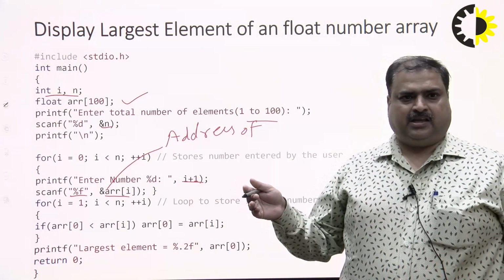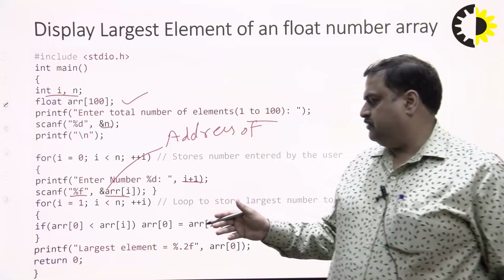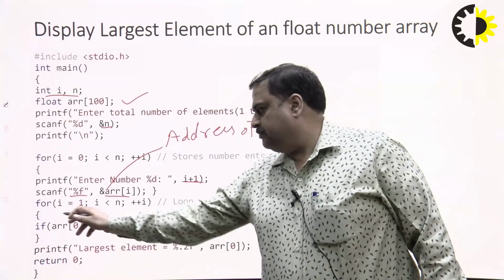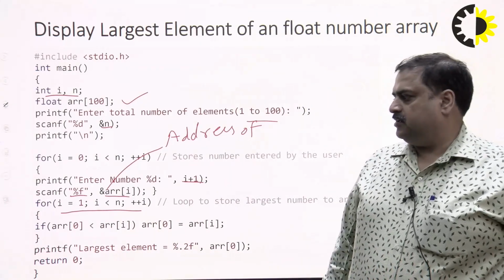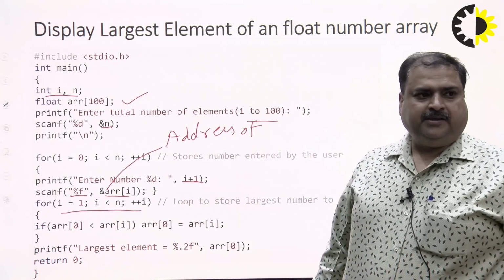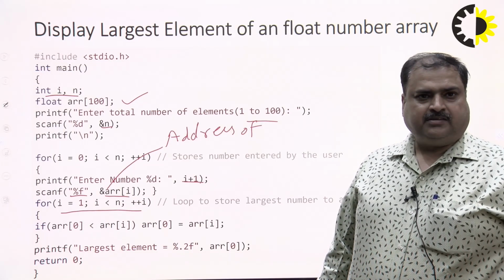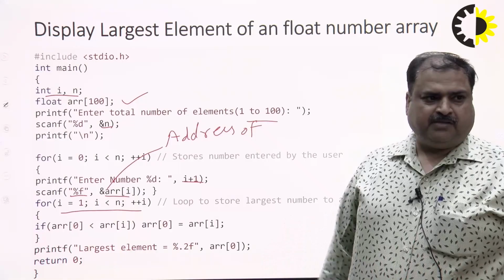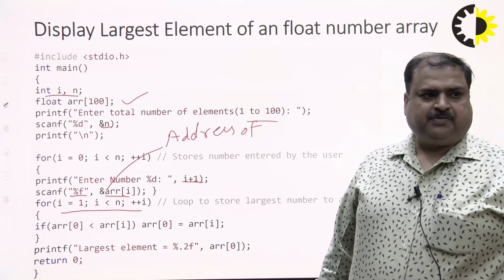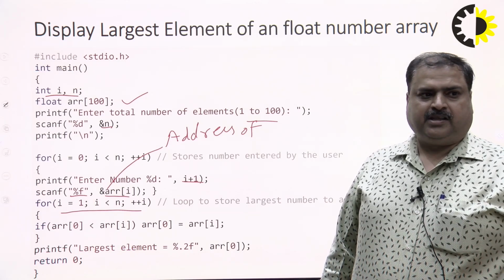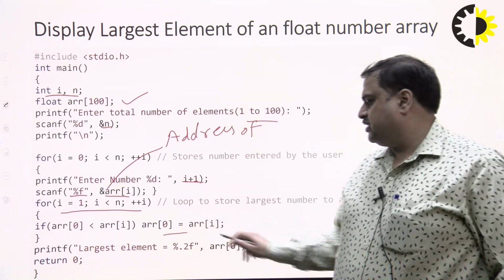So what we can do, here we have used a for loop: for i is equal to 1, i is less than n, and incrementing i by 1 every time. If arr 0 is less than arr i, then arr 0 will become arr i.